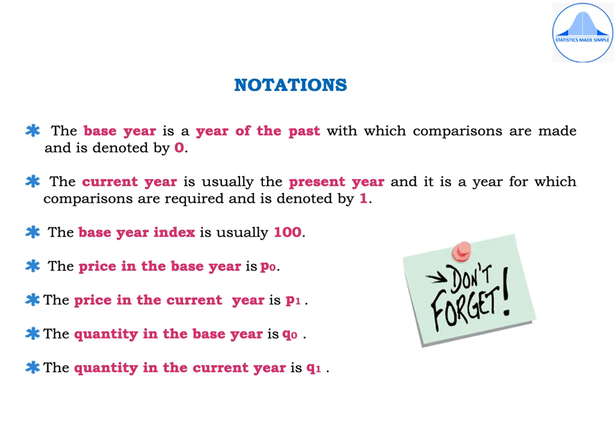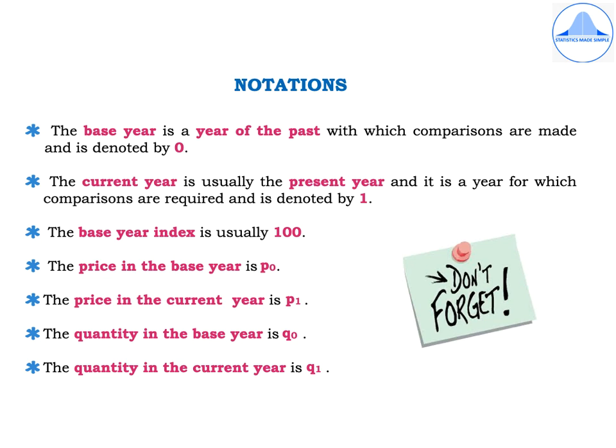Now, let us learn the notations for the prices in the base year. It is denoted by p naught. Please observe the notations carefully. It is small p and 0 or naught is a subscript.